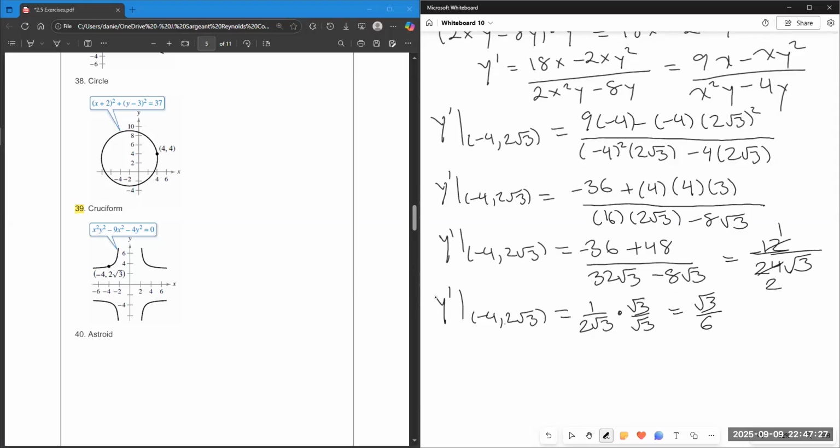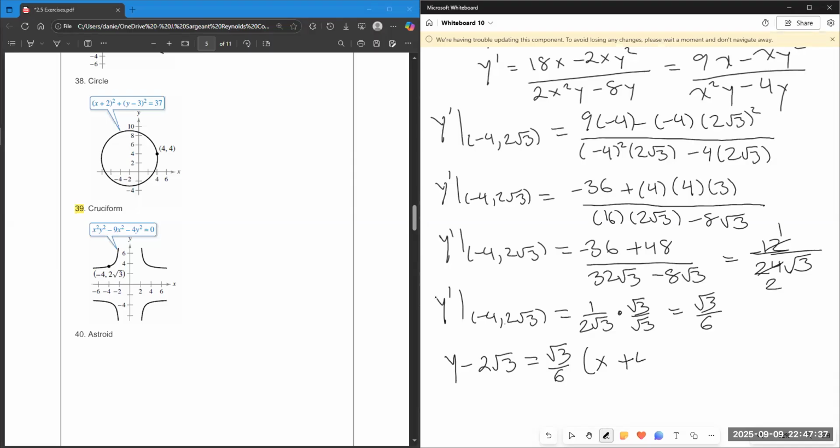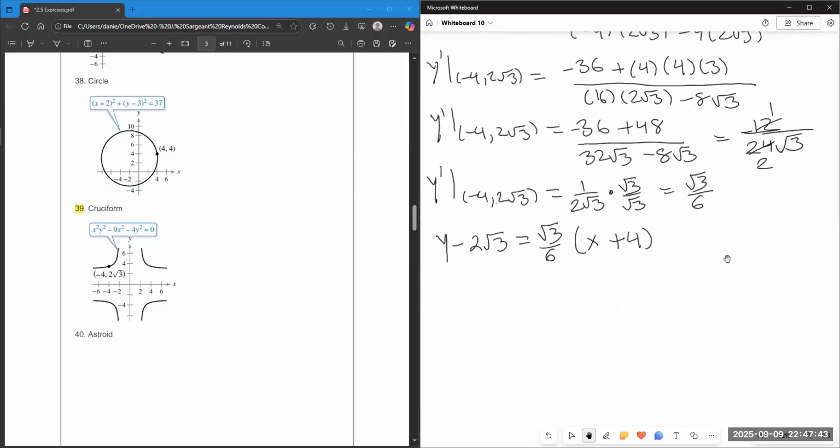Now I have my point, I have my slope, so y minus 2√3 is equal to √3 over 6 times x minus a negative 4, which is x plus 4. I'm going to finish this up like the book did. It did not leave it in point slope form. So √3 over 6 times x plus 4√3 over 6. We'll simplify, that's a 2 and that's a 3.